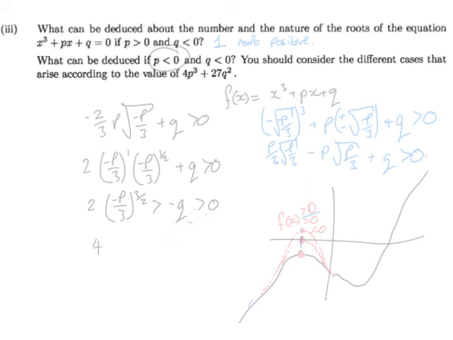Now we know that q is negative, so negative q must be positive. So these two numbers are both positive, we can square them.